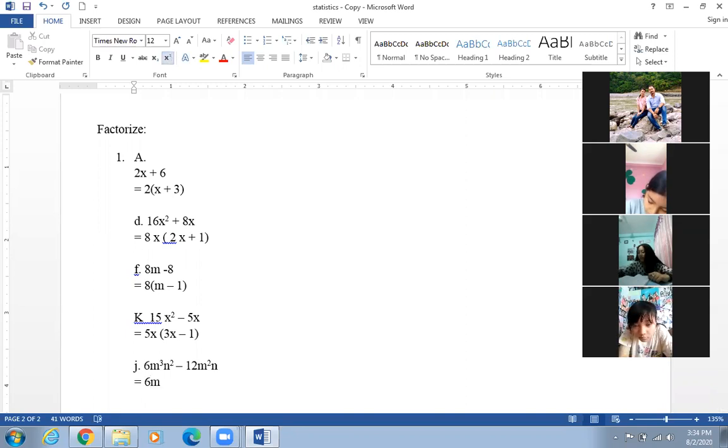Out of n square and n, n is the smallest. So put the bracket. Now what is the remaining number? 6 divided by 6 is how much? Look at the screen.